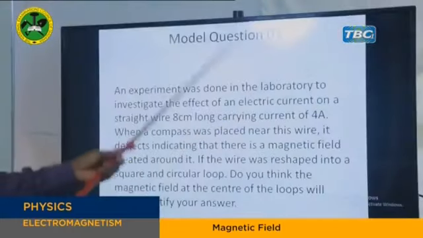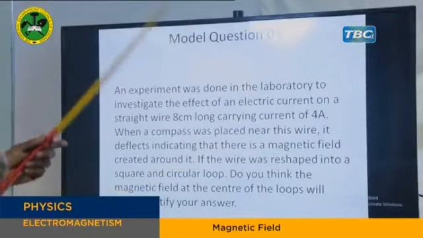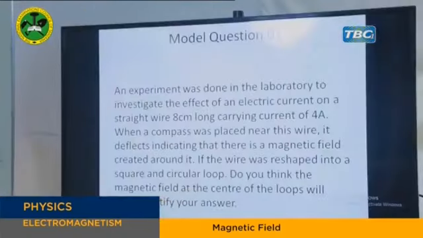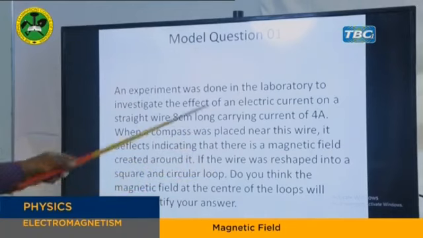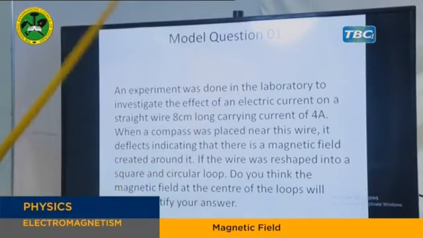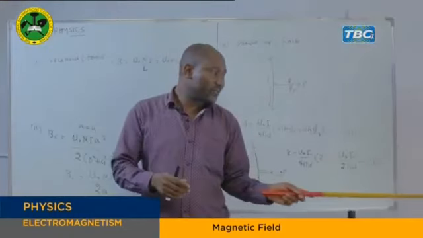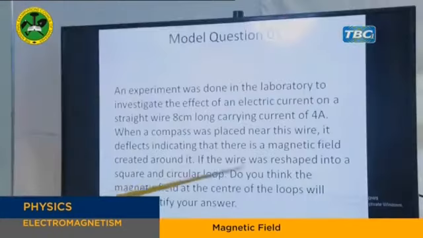Now the question is, they did the experiment. After this experiment, they discovered that there is a magnetic field around the wire. Now, they were interested to see the types of conductors we can form using that straight wire. The wire was reshaped into a circle and a square.